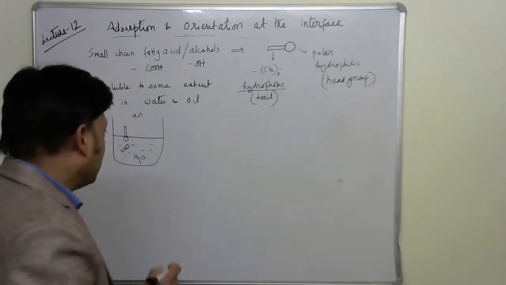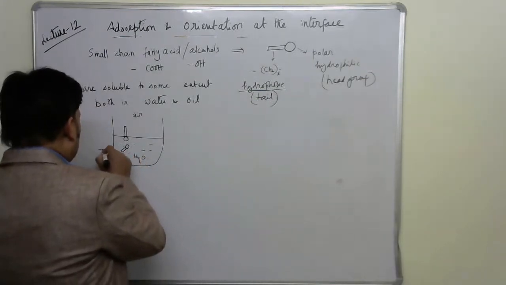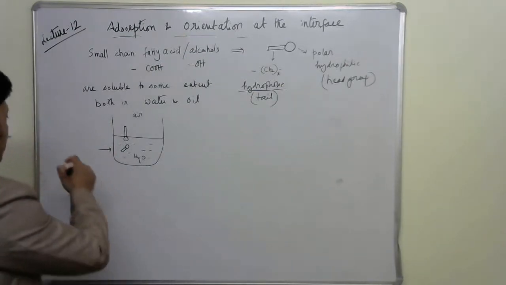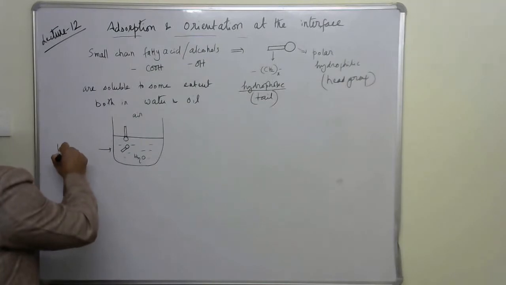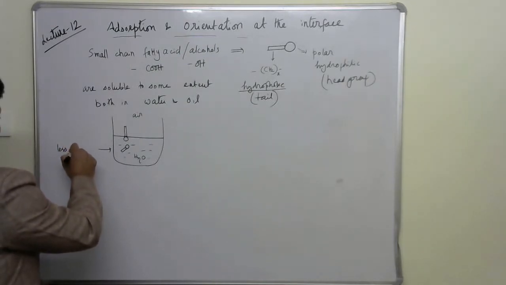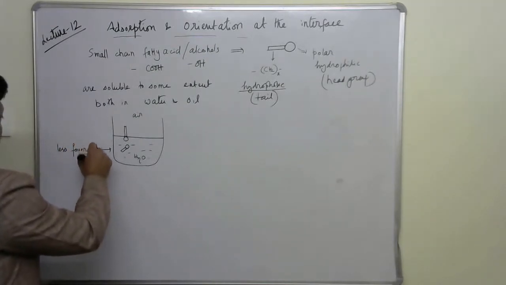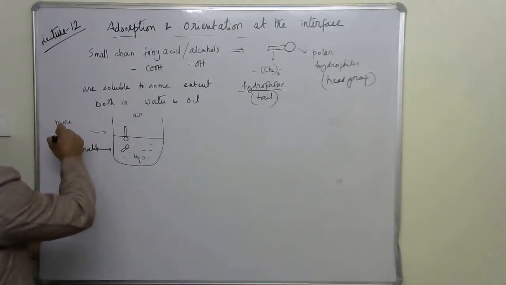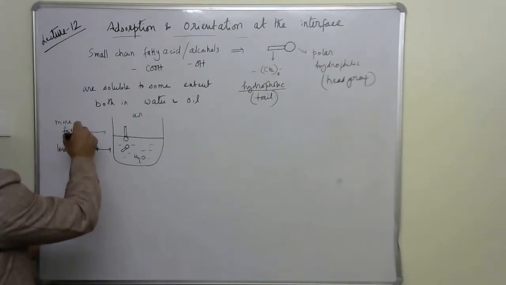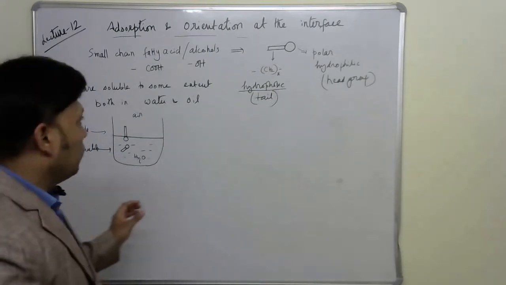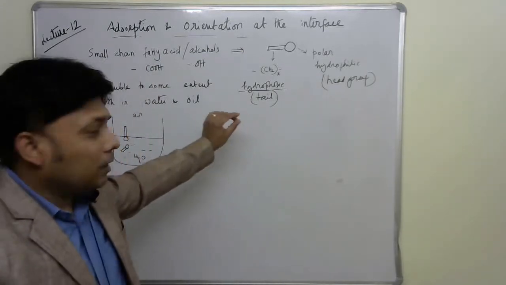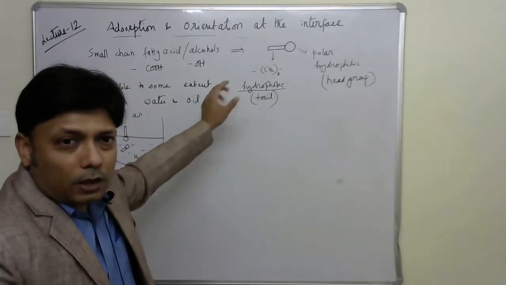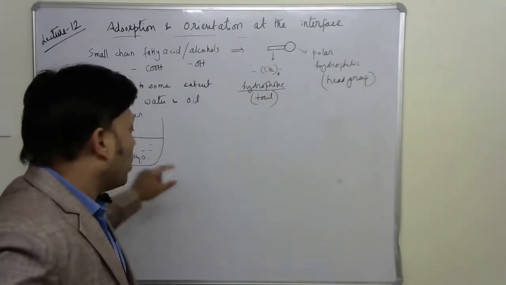The answer is that the molecule staying in the bulk of water at the beginning is energetically less favorable. So this is a less favorable scenario, and the scenario here is somewhat more favorable, because in the bulk we have a strong non-favorable interaction between the hydrophobic chain and the water molecules.